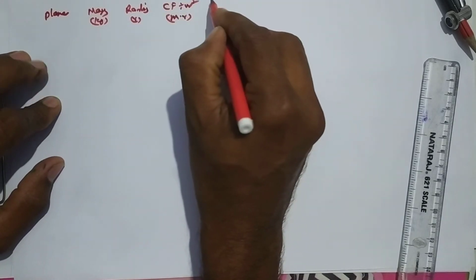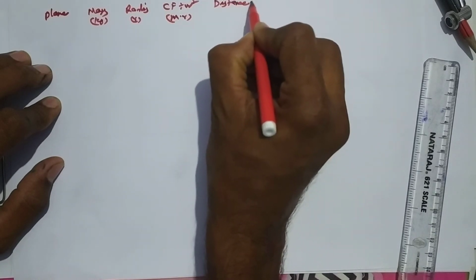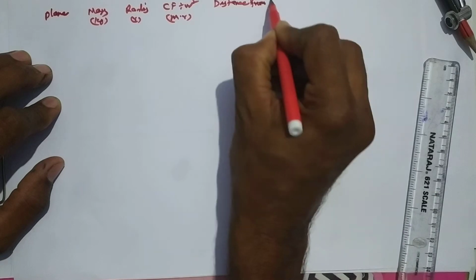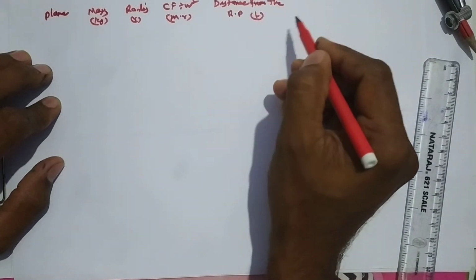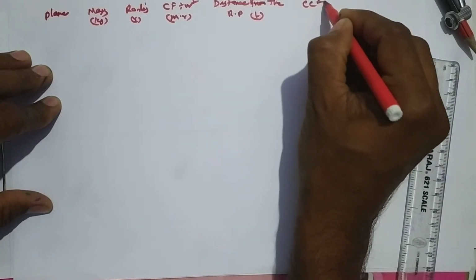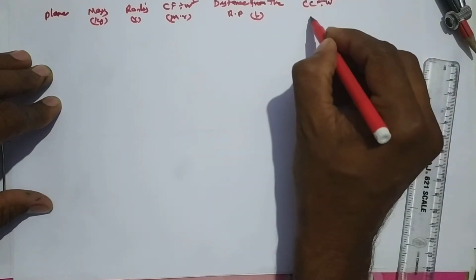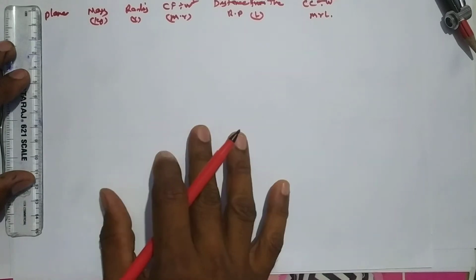Then the distance from the reference plane, that is L, right. Then centrifugal couple divided by omega square, so m r L, right. So complete the table.